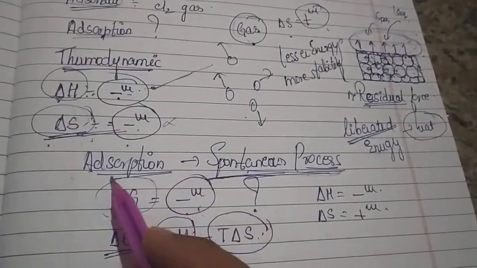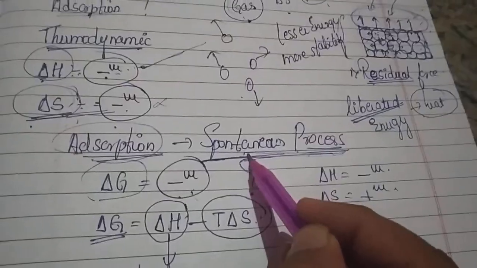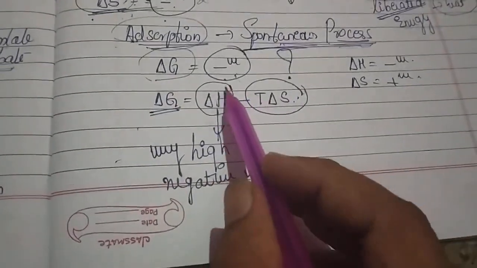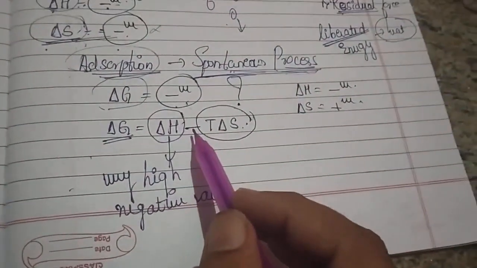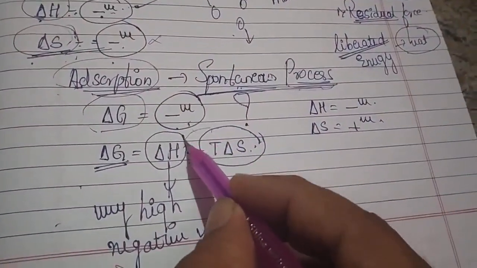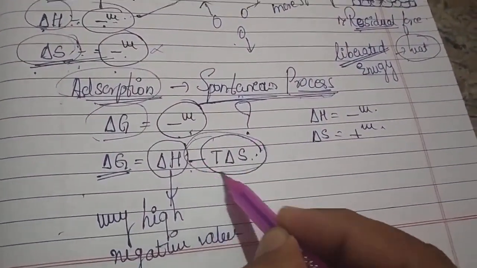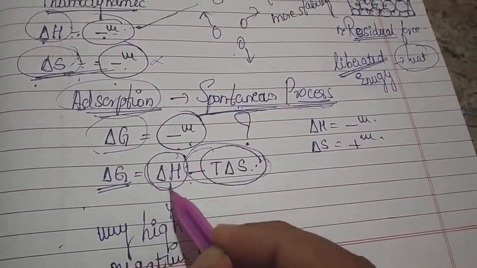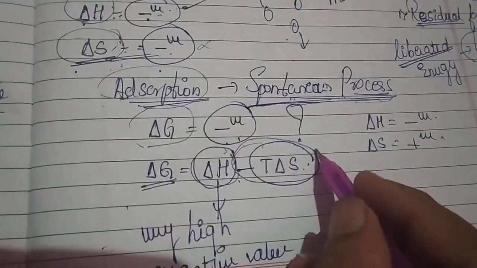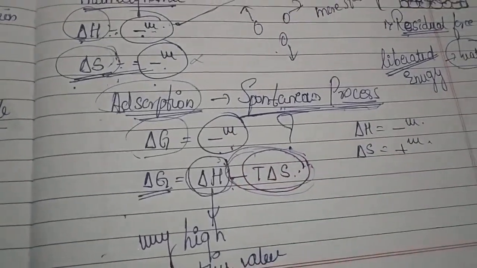But adsorption being a spontaneous process, how can we explain it? During the spontaneous process, the delta H value is highly negative when compared to the value of minus T into delta S. It has a very high negative value compared to minus T into delta S.